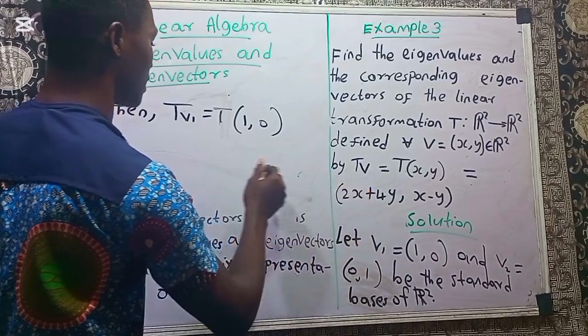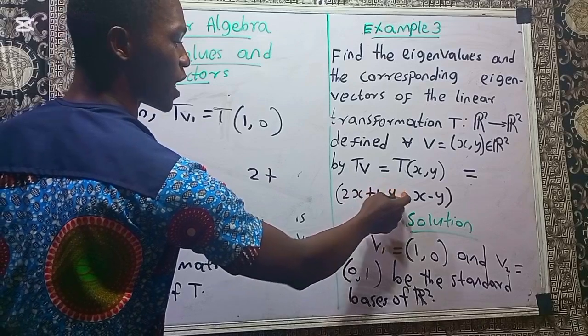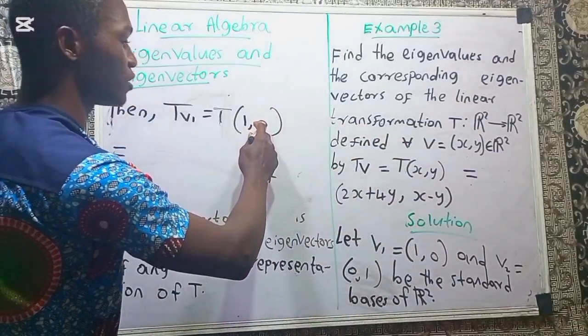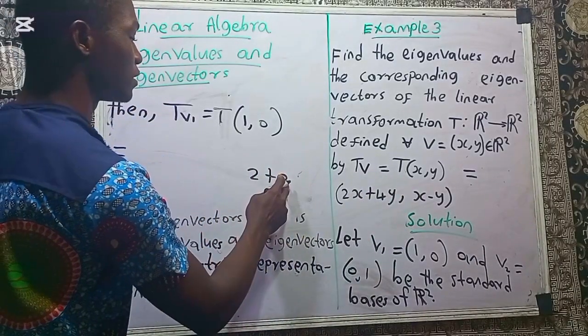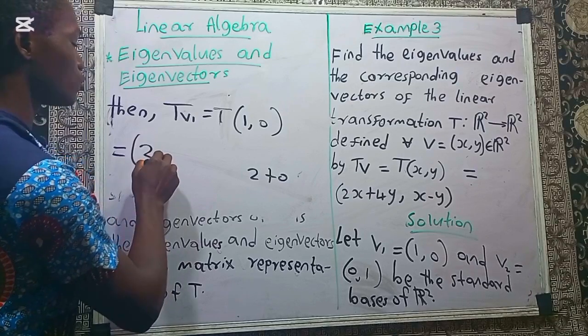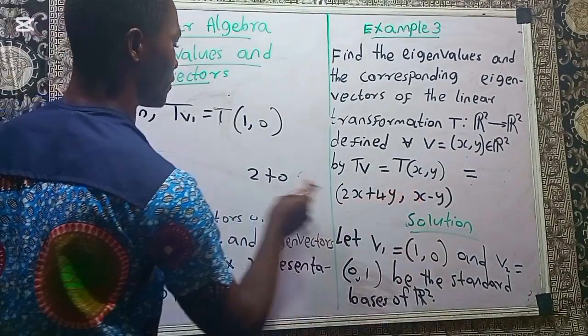So 2 multiplied by 1 is 2, plus we have plus 4y, right? Y is the second entry. What is the second entry here? 0. So 4 multiplied by 0 is 0. If you add, 2 plus 0 is 2. So 2 will be the first entry of the transformed vector, comma. We have a comma here, right?